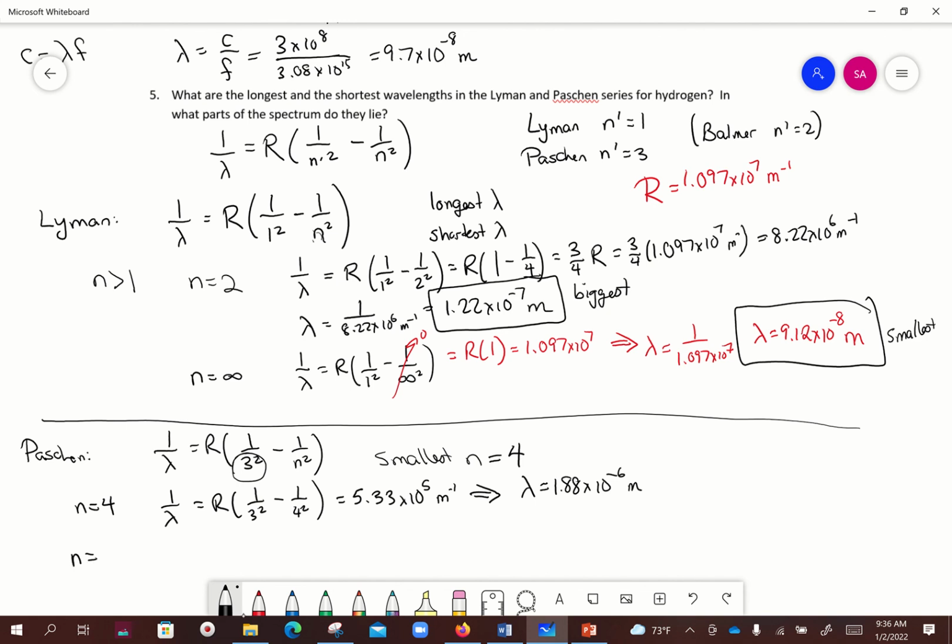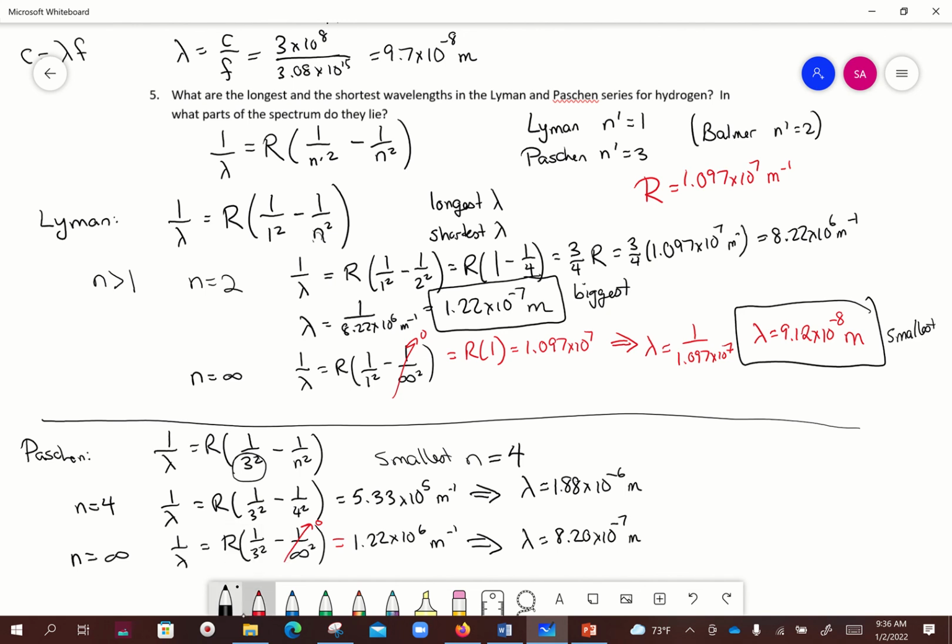The other extreme is to put in n of infinity, and then I'm going to get R times 1 over 3 squared minus 1 over infinity squared. So again, 1 over infinity gives me 0. So when I plug in all those numbers, I get 1.22 times 10 to the 6 per meter. So the wavelength is 1 over that, and I get 8.20 times 10 to the minus 7 meters.